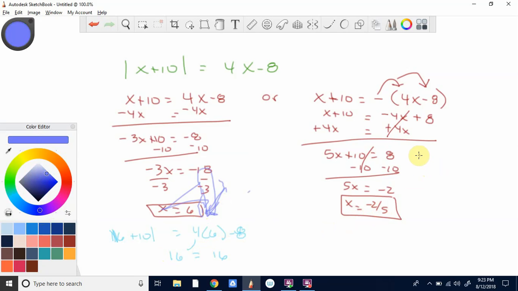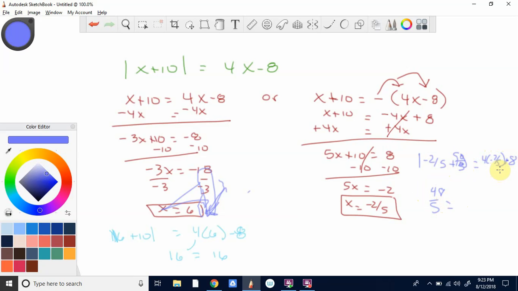The absolute value of negative 2/5 plus 10 equals 4 times negative 2/5 minus 8. If I change this to 50 over 5, I get 48 over 5. The absolute value is 48 over 5. Then I'm going to come over here.